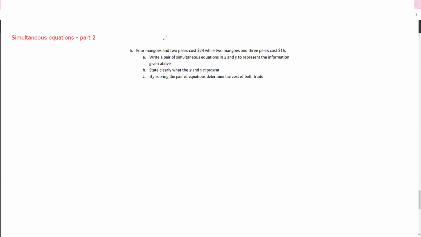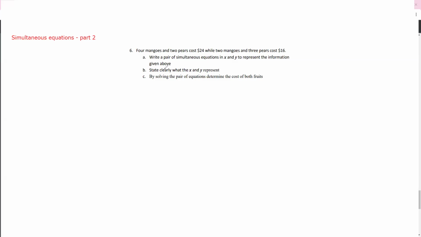4 mangoes and 2 pears cost $24, while 2 mangoes and 3 pears cost $16. Write a pair of simultaneous equations in X and Y to represent the given information.